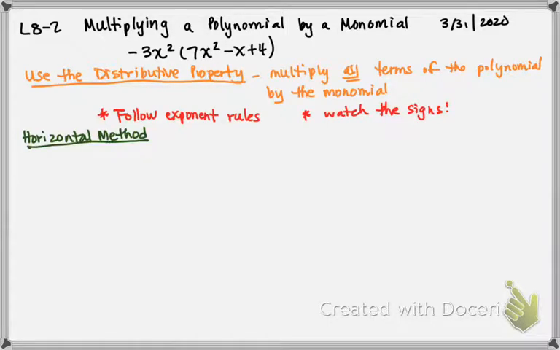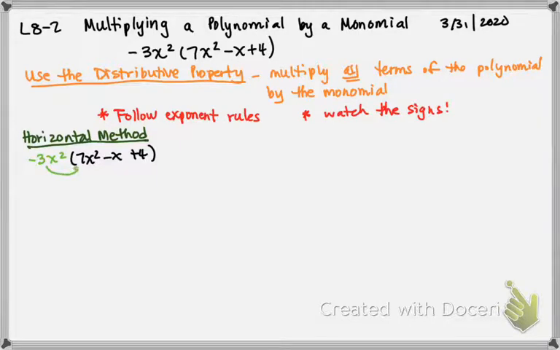And that's going to be something like this. Negative 3x squared times the quantity 7x squared minus x plus 4. So I'm going to kind of spread it out.